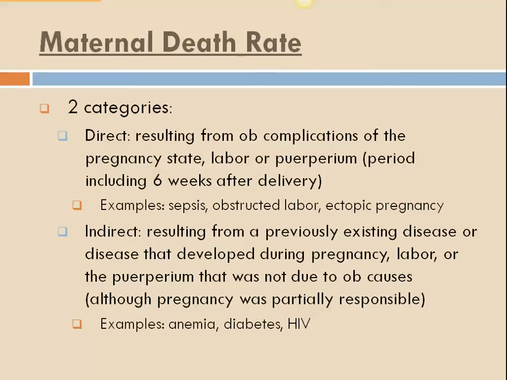Examples of direct maternal deaths would be sepsis, an obstructed labor, or an ectopic pregnancy. An indirect maternal death results from a previously existing disease or a disease that develops during pregnancy, labor, or the period immediately following delivery that was not totally due to OB causes, but the pregnancy was partially responsible. And some examples of that would be anemia, diabetes, or HIV.